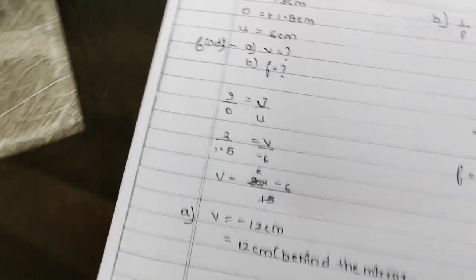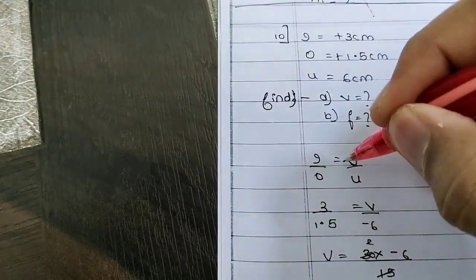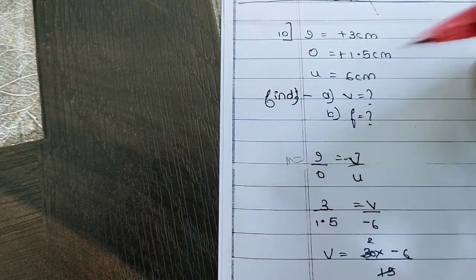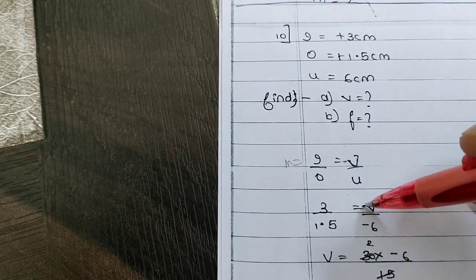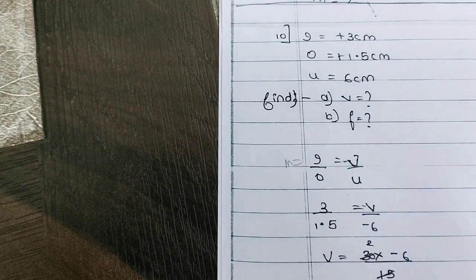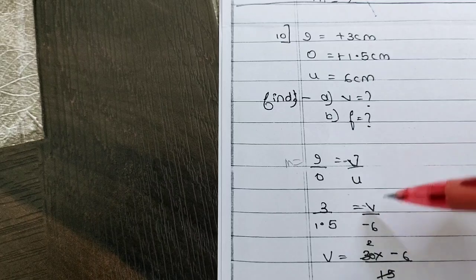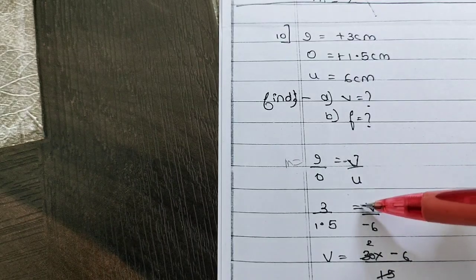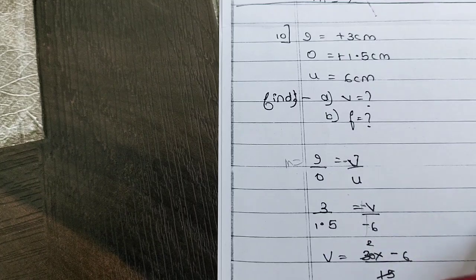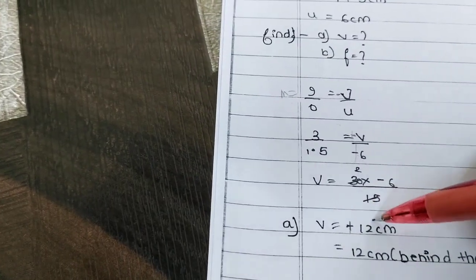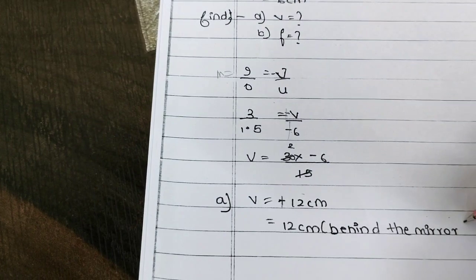First of all, I upon O is equal to minus V upon U, because that's the formula of M. I is plus 3, O is 1.5, that's minus V. Minus sign remains as it is a part of the formula. U is minus 6, minus minus gets cut. After cross multiplying, we get a positive answer, which means it is behind the mirror.